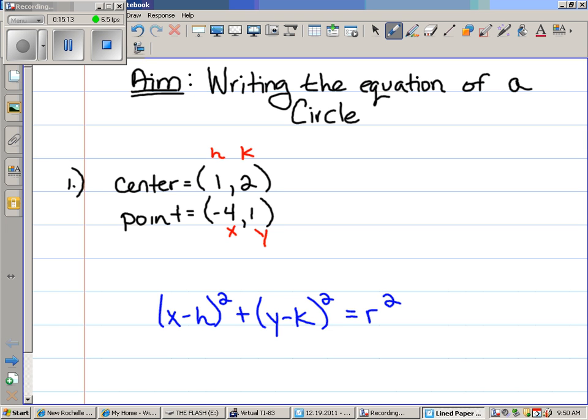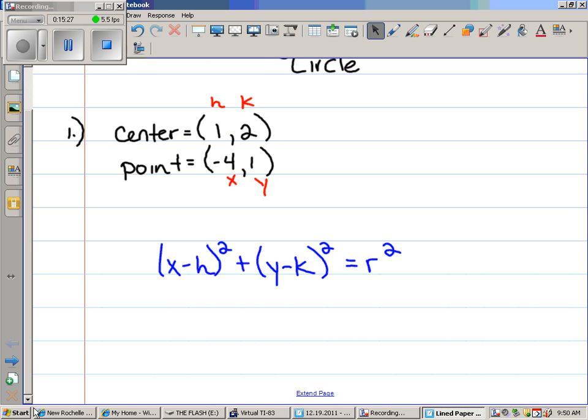Did anybody get lost? No? Guess what we're going to do with those two pieces of information? Because ultimately, what do we really need? The radius. Good. So here we go. Where's x? Negative 4 minus 1, plus 1 minus 2.